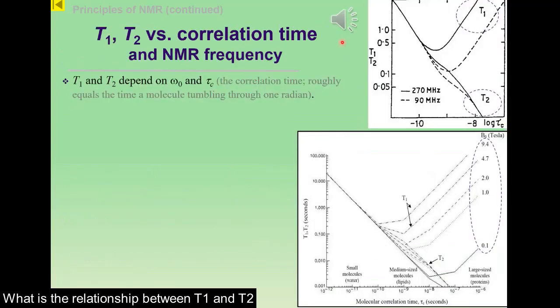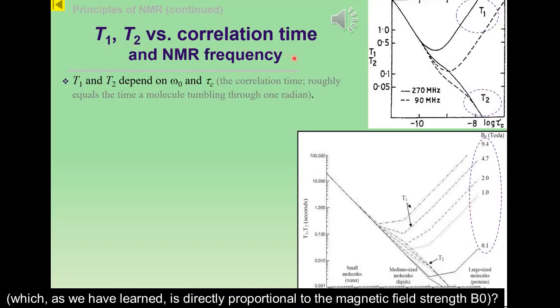What are the relationships of T1 and T2 versus molecular correlation time and NMR frequency, which we have learned is directly proportional to the magnetic field strength B0?